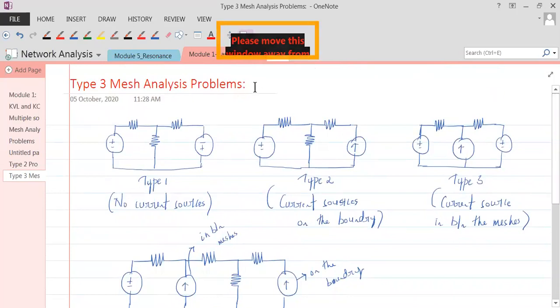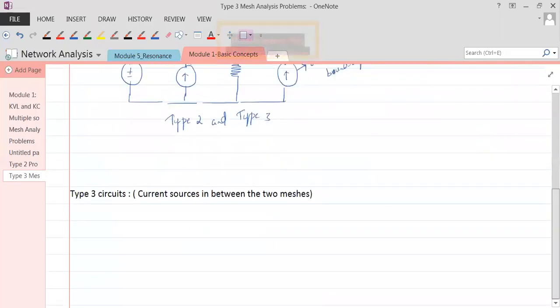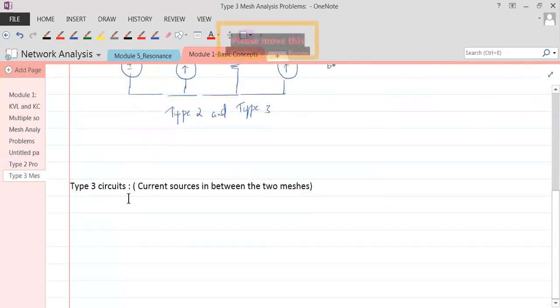And in this type 3 problems, we have a very important concept here. That is, everybody, when we are dealing with these type 3 circuits, everybody should understand that we are dealing with something called super mesh analysis. Everybody just copy it down.